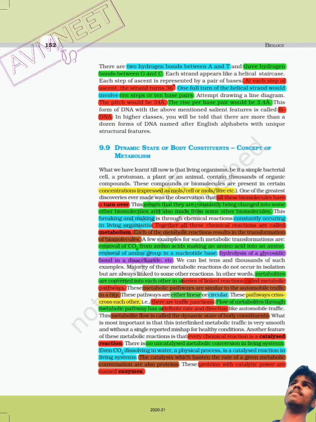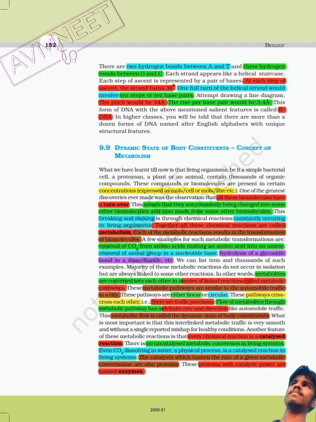9.9 Dynamic state of body constituents, concept of metabolism. What we have learned till now is that living organisms, be it a simple bacterial cell, a protozoa, a plant or an animal, contain thousands of organic compounds. These compounds or biomolecules are present in certain concentrations.